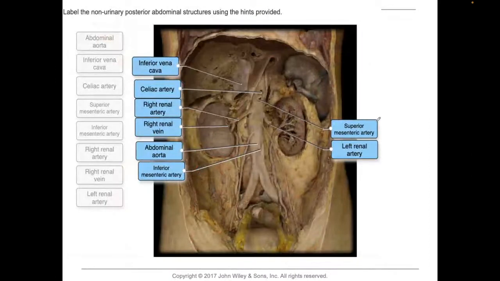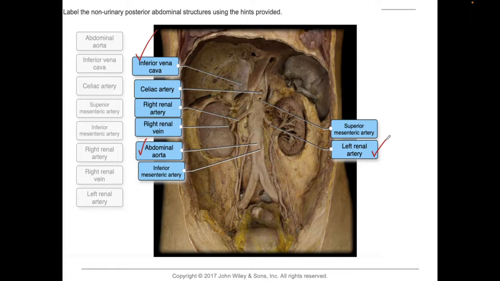This is just a dissection, and I forget whether this comes from the APR, the Anatomy and Physiology Revealed, or whether this is from the atlas that you have access to. But nonetheless, it's a nice dissection that shows some things that we've already discussed, like the inferior vena cava, the abdominal aorta.